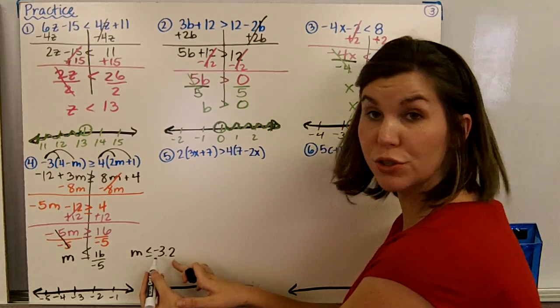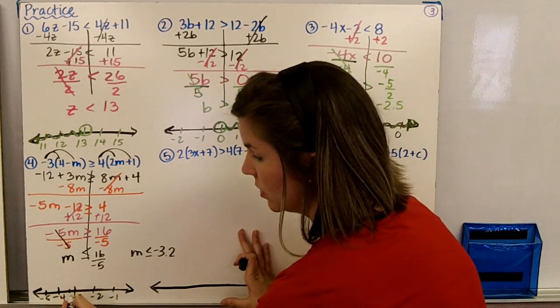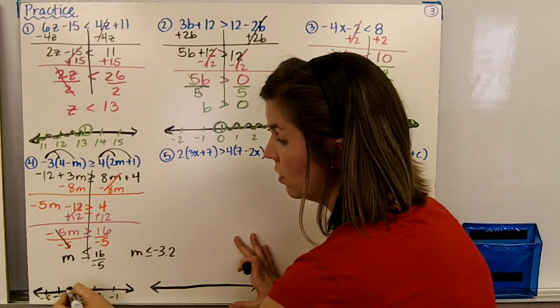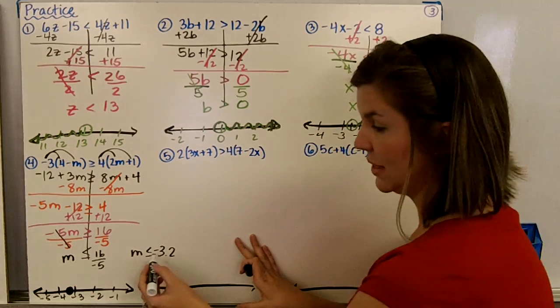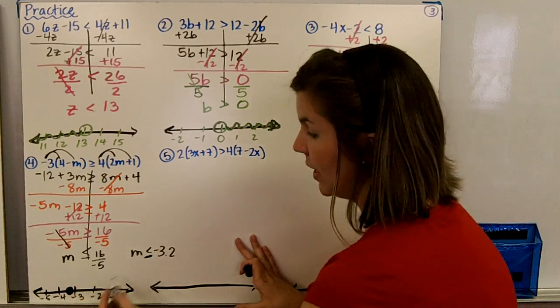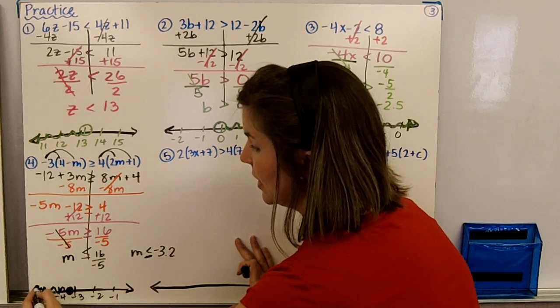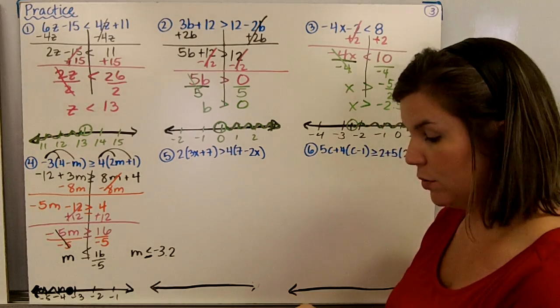So it's going to be closer to negative 3 than it is to negative 4. There will be a closed circle because I have the equal to bar here. And I'm going to shade everything less than. It says m is less than or equal to negative 3.2.